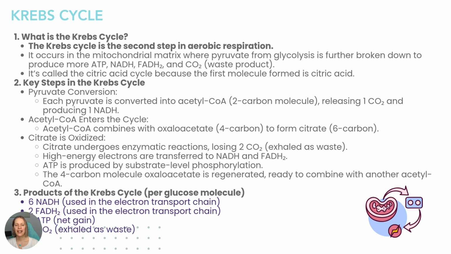High energy electrons are now transferred to the NADH and FADH2. And then the ATP is now produced by substrate level phosphorylation. Okay. So the four carbon molecule is regenerated, ready to combine with another acetyl-CoA. Basically, okay?